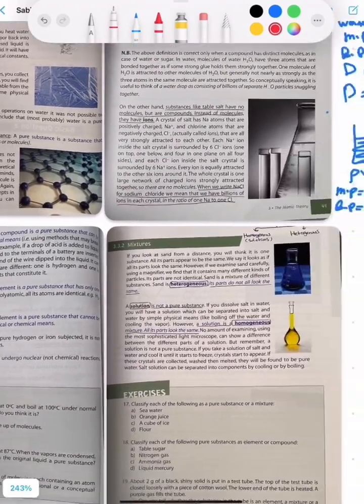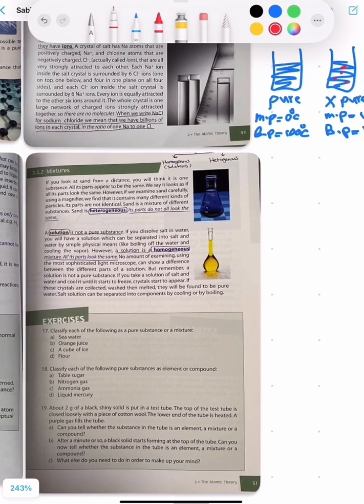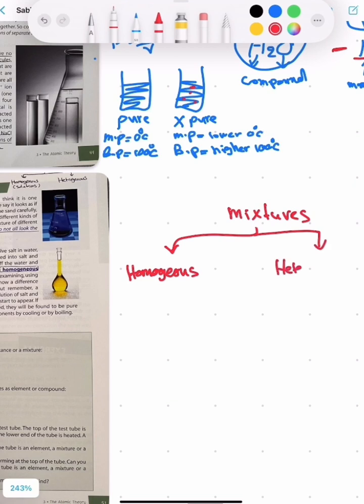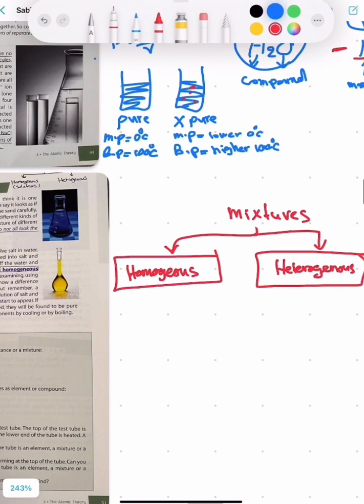So that's it for compounds and elements. Next, we have mixtures. Mixtures, we have two types: homogeneous and heterogeneous mixtures. What's the difference between them? In homogeneous mixtures, all parts are the same.